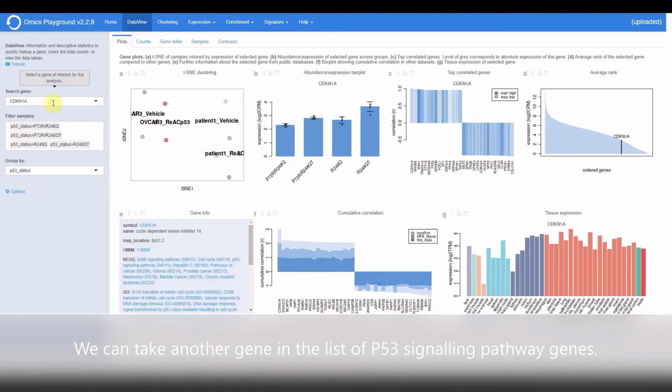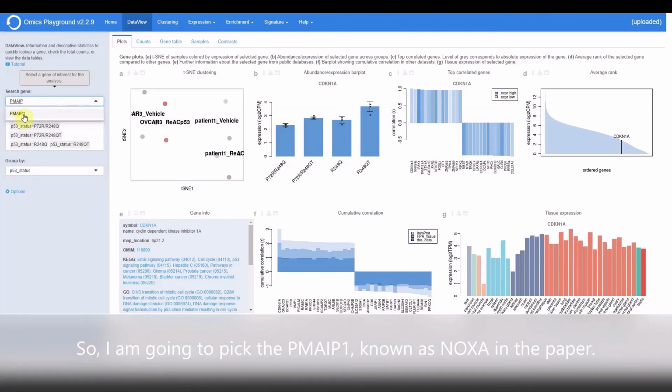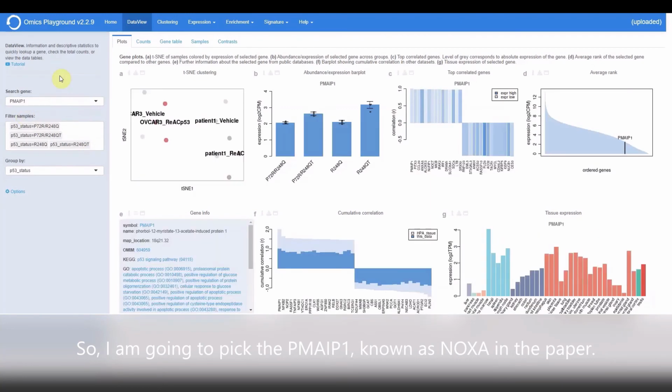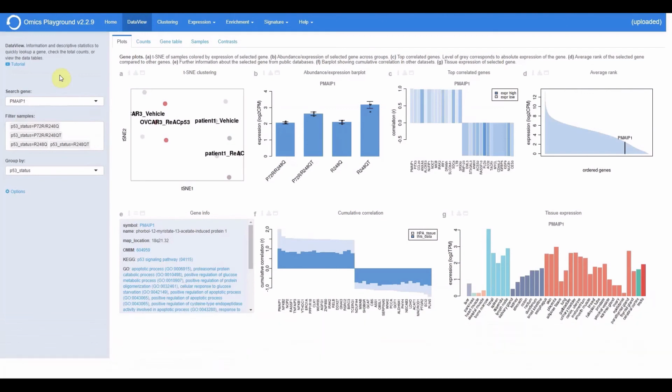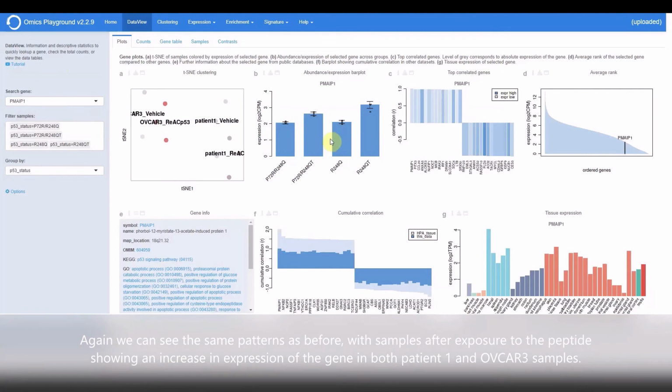We can pick another gene in the list of p53 signaling pathway genes. So I'm going to pick this one, PMAIP1, known as NOXA in the paper. And again, we can see the same pattern as before, with samples after exposure to the peptide showing an increase in expression of the gene in both patient 1 and OVCAR3 samples.